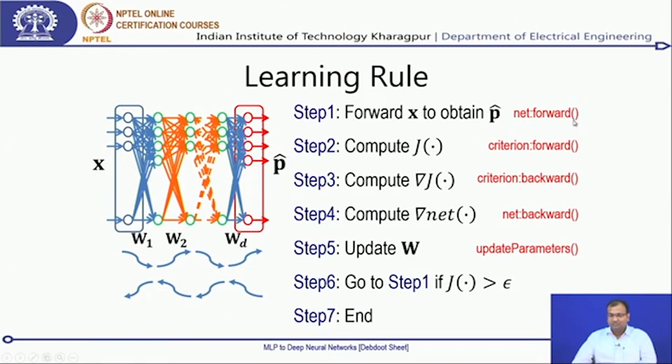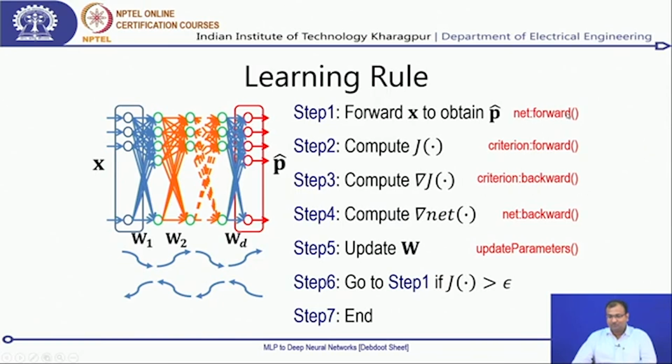Net colon forward is what executes this part, which is to get your p hat. Next is criterion colon forward, which executes whatever is the output of this J. The next part is criterion colon backward. The parameters which go as arguments over here are not indicated here. These are the ones which we will study in the lab classes itself, but it is not so hard to guess what these parameters would be.